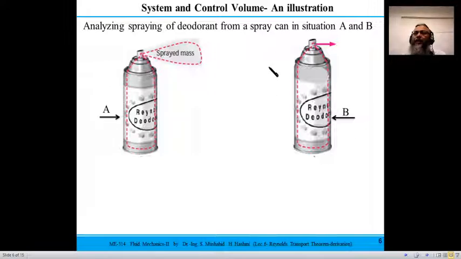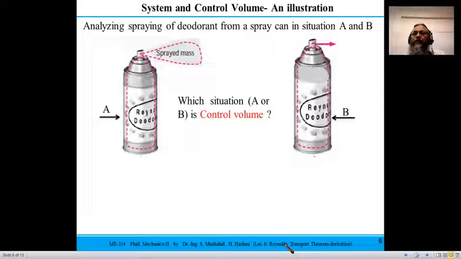The same is true in scenario B. Once you define a system by dashed lines, you are only focusing on what is happening inside the boundaries, not what is happening outside.